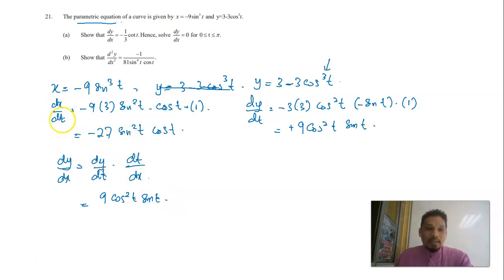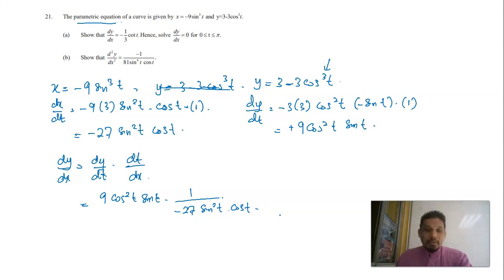What we have right now is dx/dt, so we need to flip it upside down, to get 1 over negative 27 sine squared t cos t.